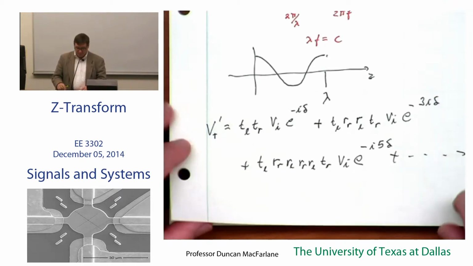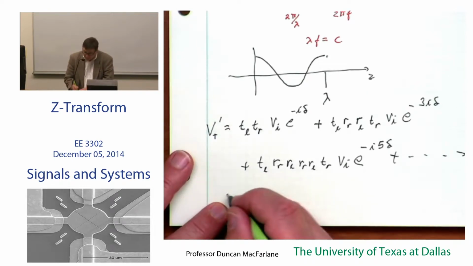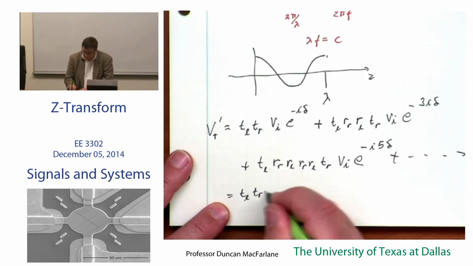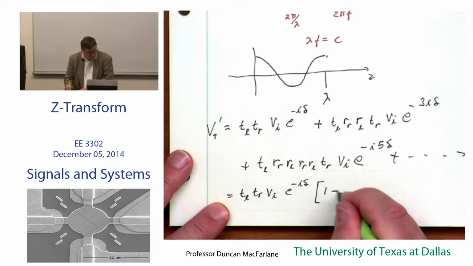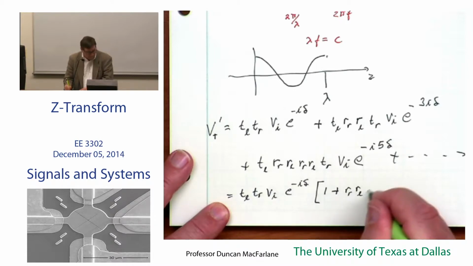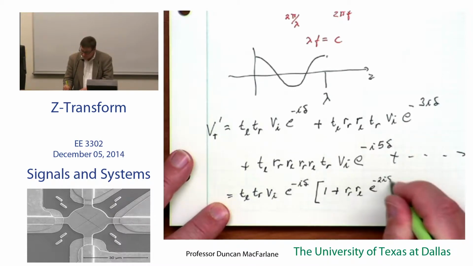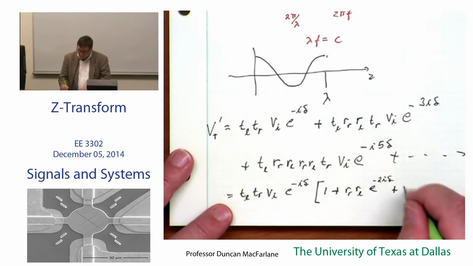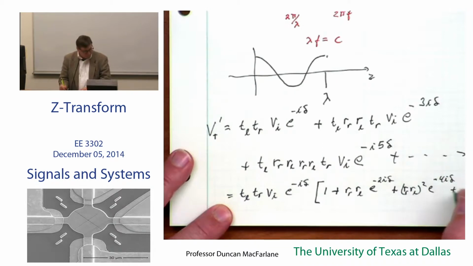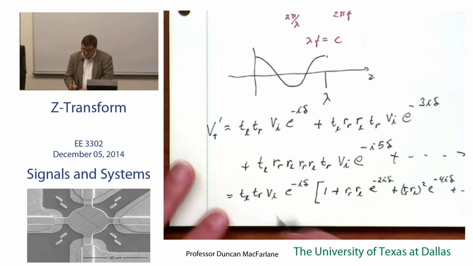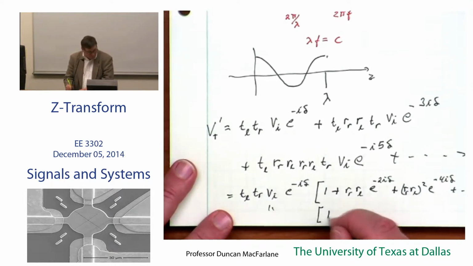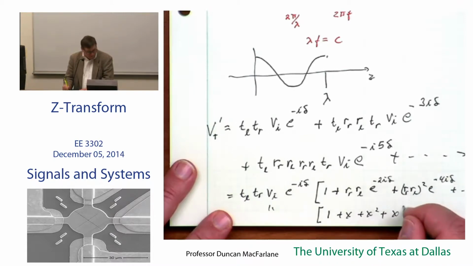Okay. So I'll rewrite this a little bit. TL, TR, VI, e to the minus I delta, times 1 plus RRRL e to the minus 2 I delta, plus RRRL squared e to the minus 4 I delta, and so on. I can write this as 1 plus x plus x squared plus x cubed, and so on.